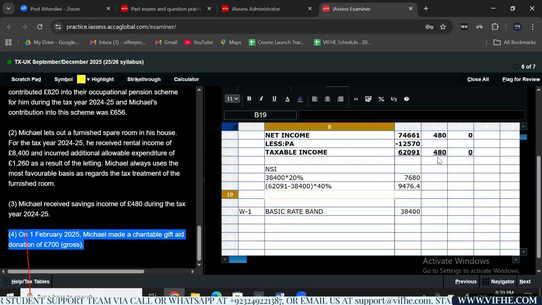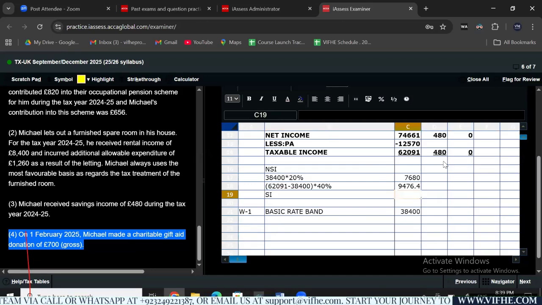Okay, so the savings figure is 480 pounds. And see, as he is a high rate taxpayer, the first 500 pounds will be taxed over a nil rate. This is 480, so this is going to be taxed completely under a nil rate band where the rate is 0.